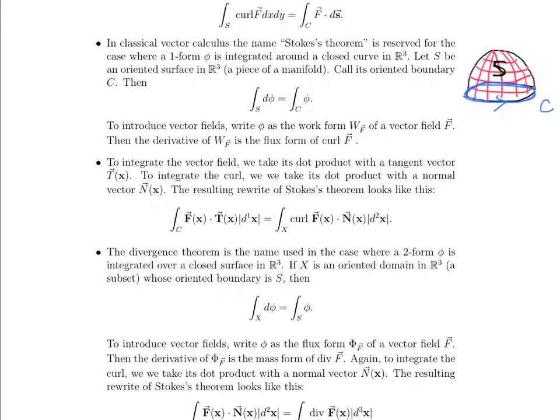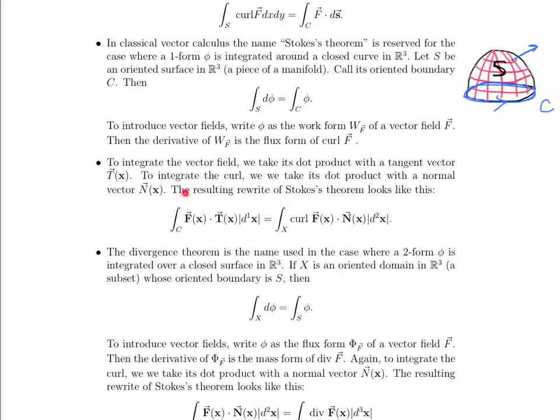The way that is usually done is that we take the dot product of that vector field with a tangent vector when you're doing the right-hand side here around C. To integrate the curl, we take the dot product of the curl with the normal vector. Let me draw one on here. A normal vector, of course, written in terms of the parametrization of the surface, S. And the resulting rewrite of Stokes' theorem looks something like this. Now, unfortunately, we've sort of swapped.